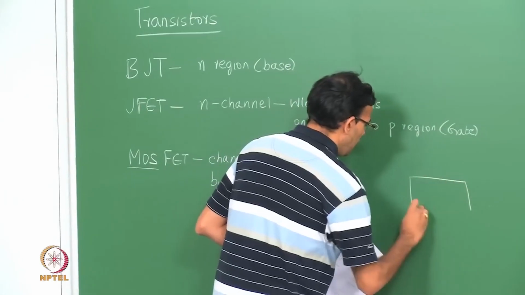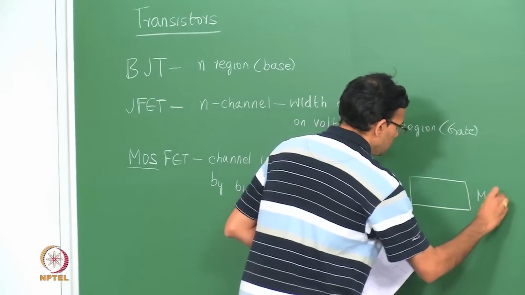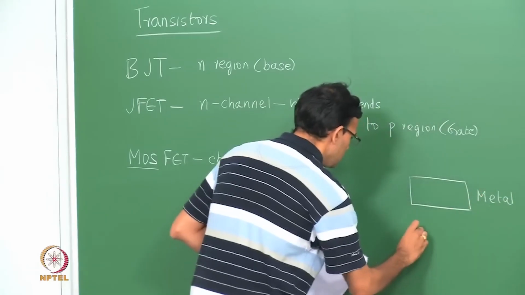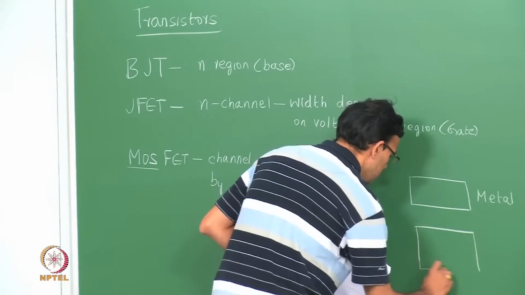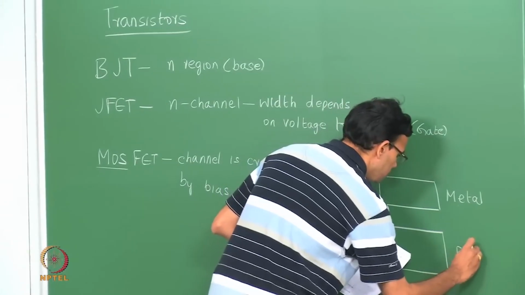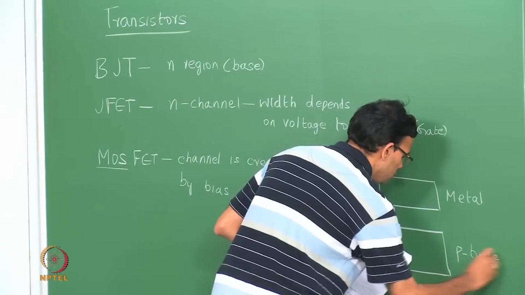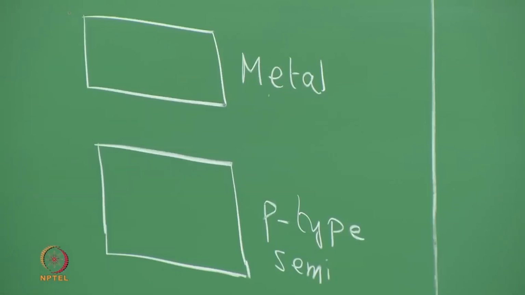In this case, we have a metal. We have a p-type semiconductor. So we apply a bias between these two.